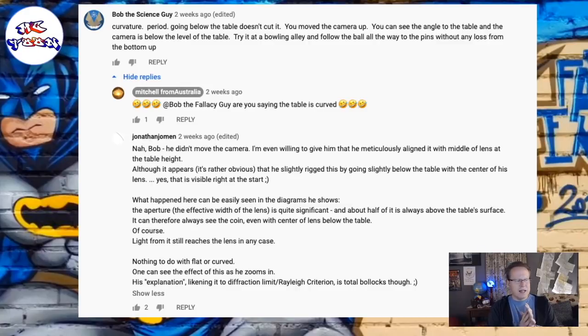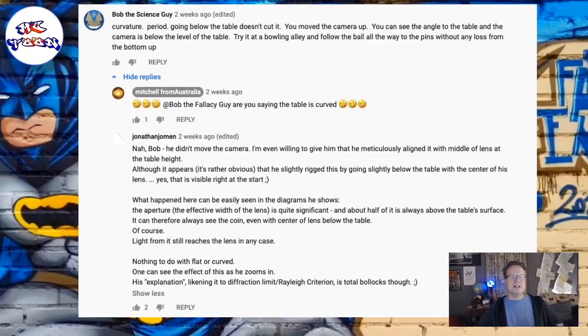And in that lens, it's not as small as the iris of our eye. It's much larger. About half of it is always above the table surface. It can therefore always see the coin even with the center of the lens below the table. Of course, light from it still reaches the lens in any case. Nothing to do with flat or curved.